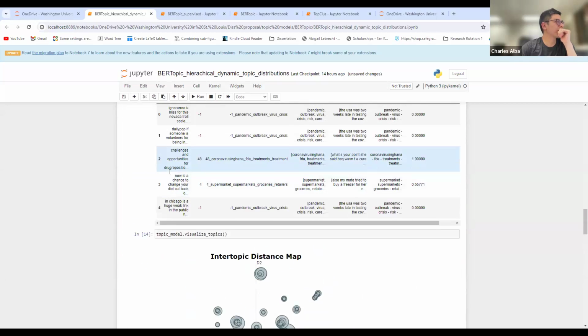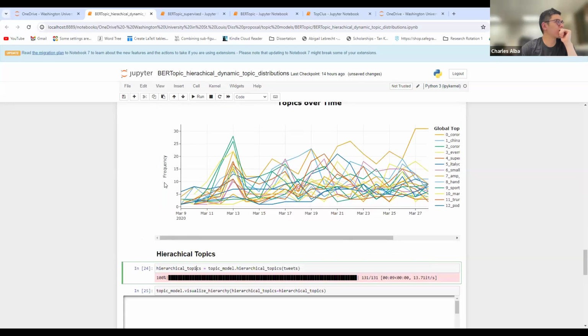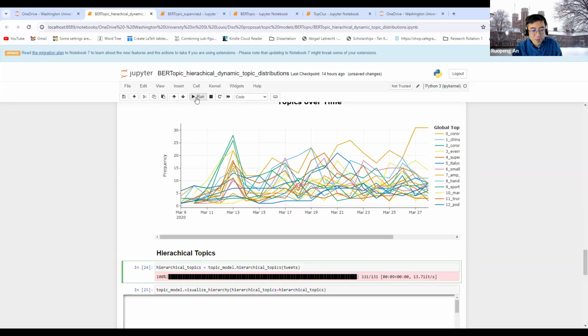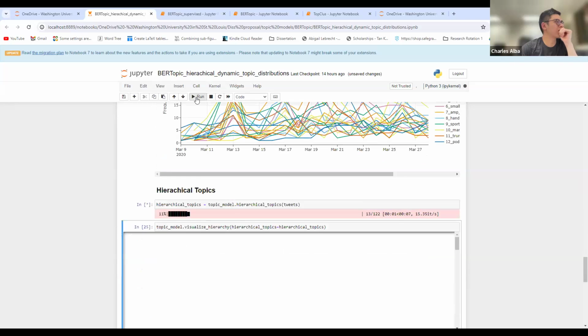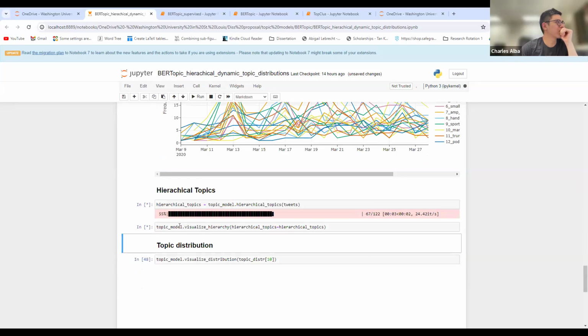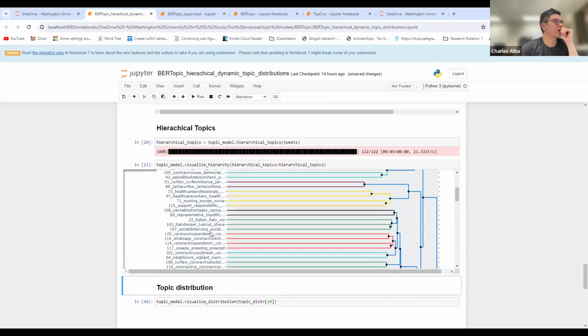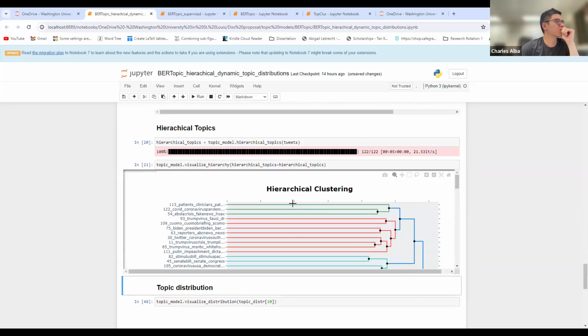And again, here we have 124 topics, and then we have hierarchical topics. So again, how can we visualize them? Okay, and then you can see, here it's about patients and clinicians, COVID-19. Is that where I can zoom?